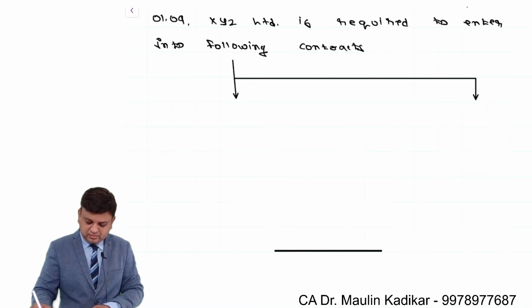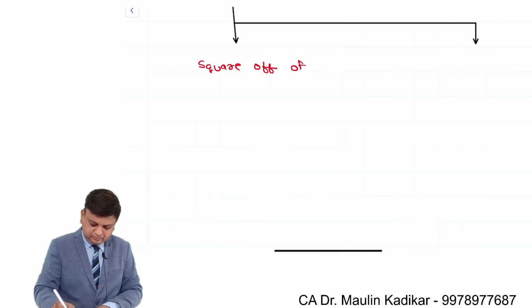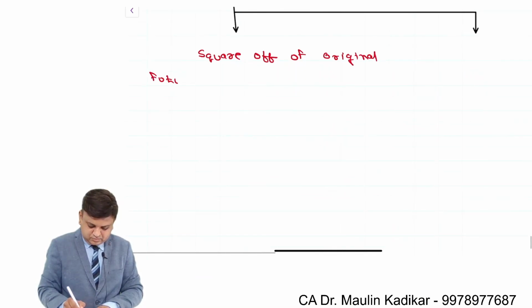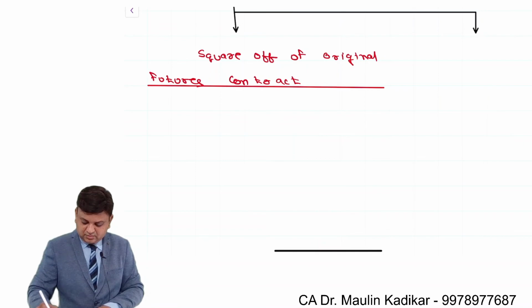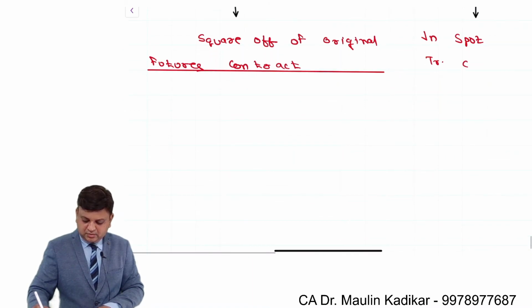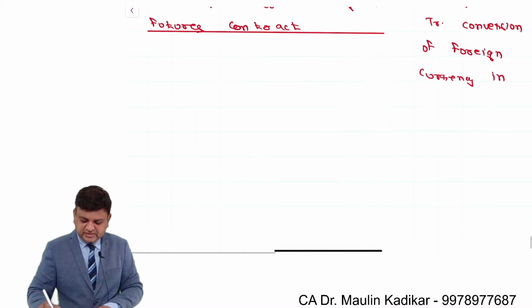In the trade down, first is square off of original futures contract and the second is spot transaction, conversion of foreign currency in domestic currency.